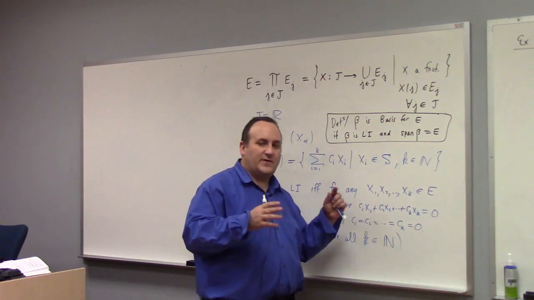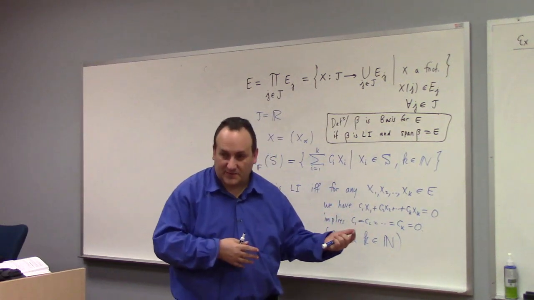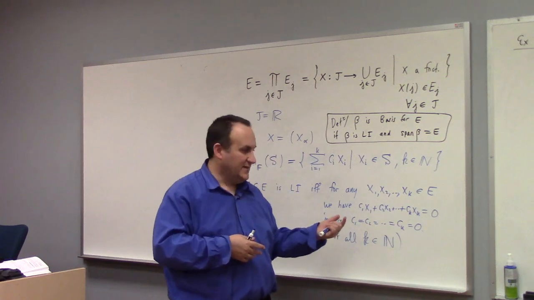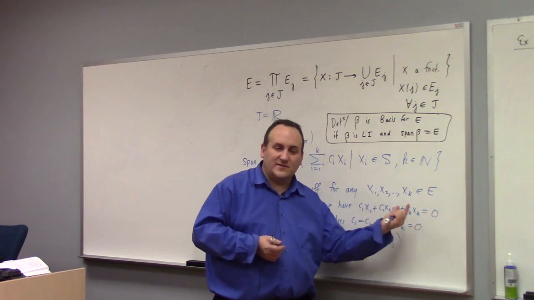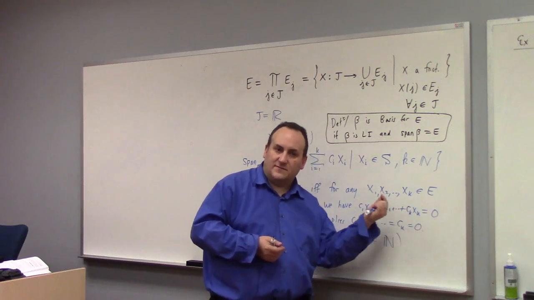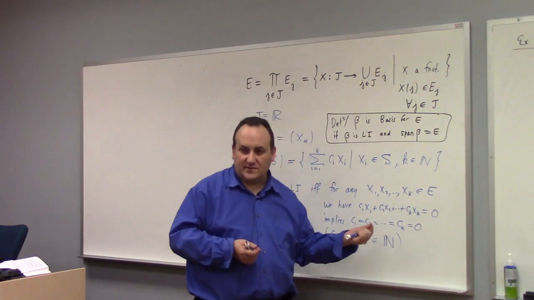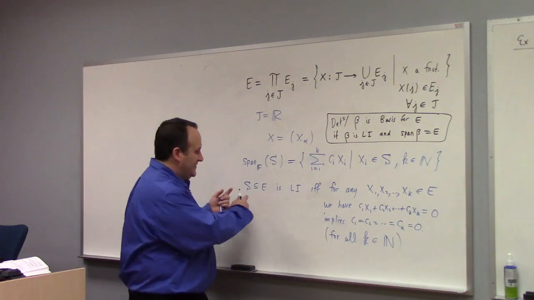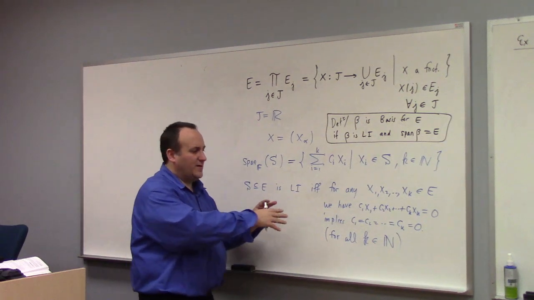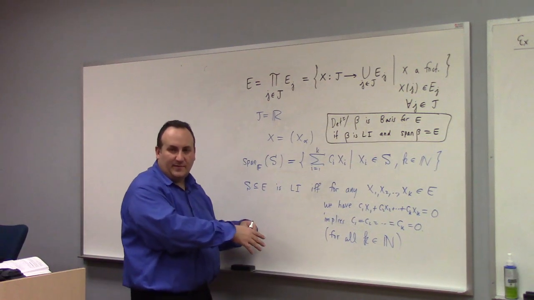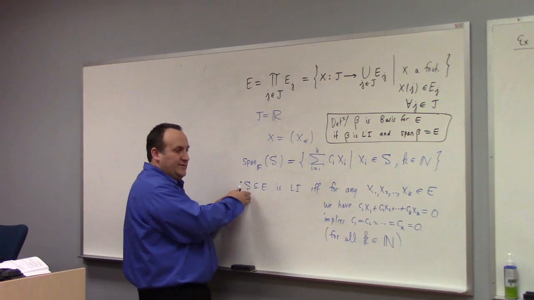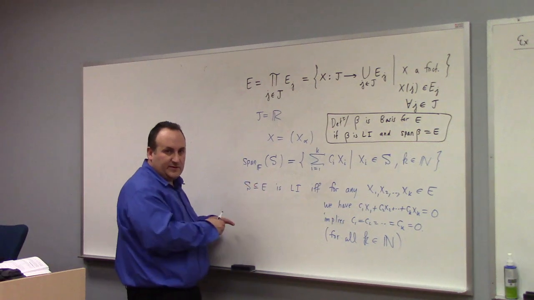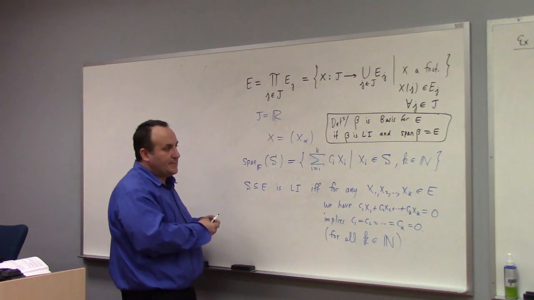Because if you suppose it's true for 5 things and not true for 2 things, that doesn't work: if you have a non-trivial linear combination of 2 things which gives you 0, you can just add 3 more zeros to it and then you've violated the linear independence of the 5 things. So in the special case that S is finite, this is simpler. You don't need the for all k, you just do it for the things that you've got there. But when you're dealing with an infinite set, you have to do it for an arbitrary finite linear combination.